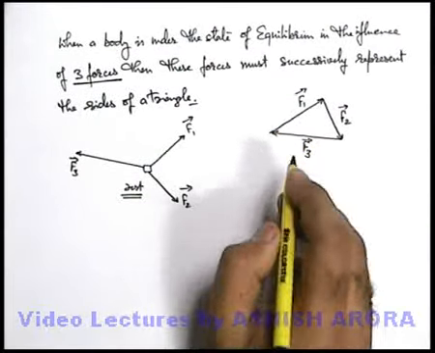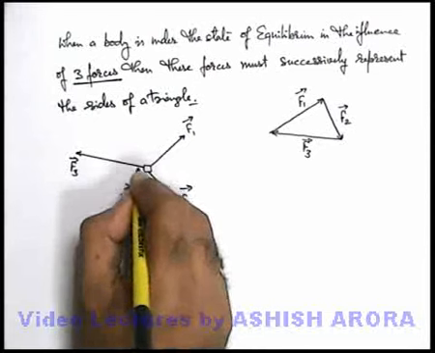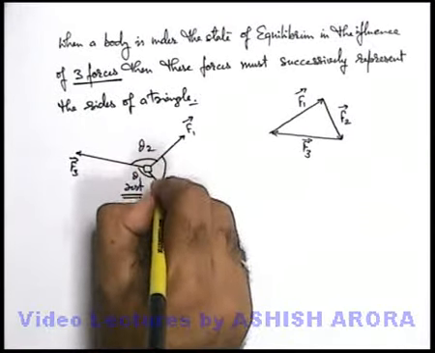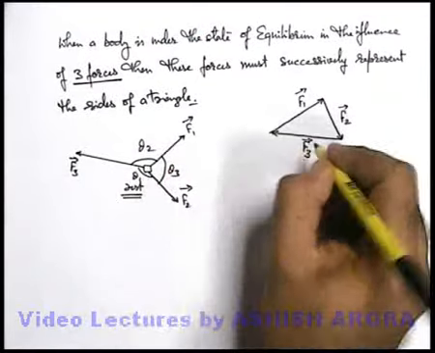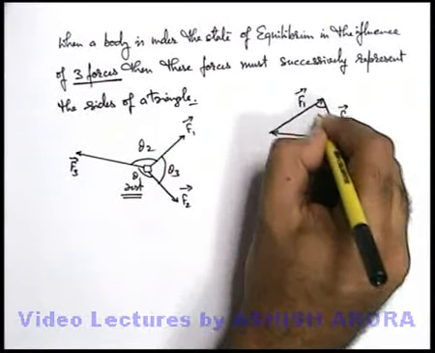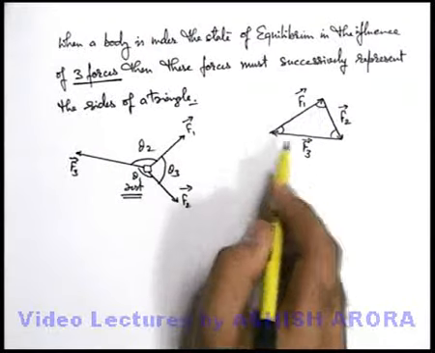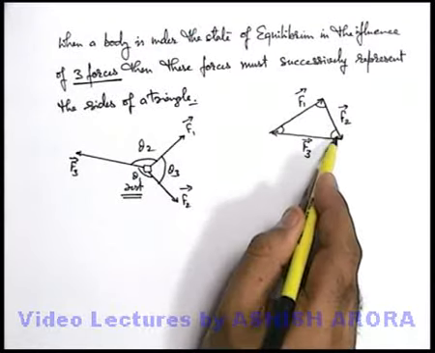In this situation, if we apply sine rule, say the angle opposite to f1 is theta 1, opposite to f2 is theta 2, and opposite to f3 is theta 3. So in this situation, these are the angles which we can use: pi minus theta 3, pi minus theta 2, and pi minus theta 1.